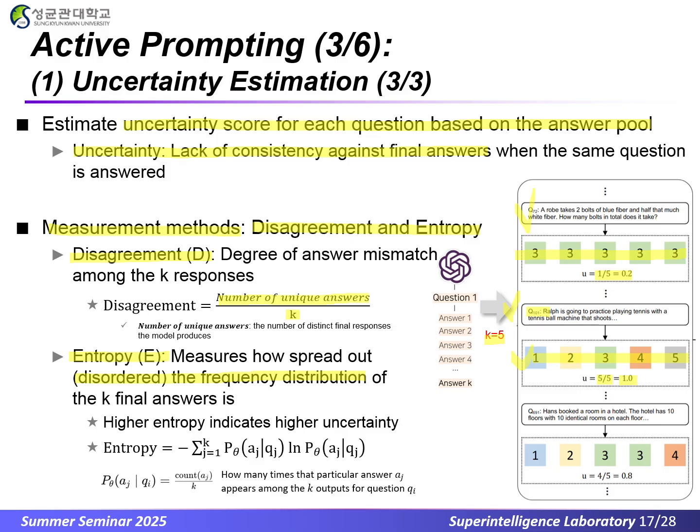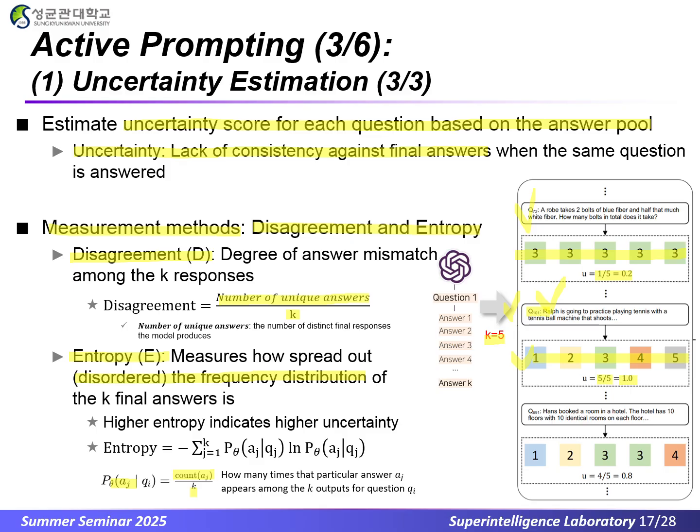For each unique answer A_j, entropy is computed from how many times that particular answer A_j appears among the k outputs for question Q_i. So its frequency is computed by count of A_j divided by k. Let's look at the middle panel again. If we apply entropy scoring to this middle panel, each of the 5 answers appeared exactly once, so each has a probability of 1/5.